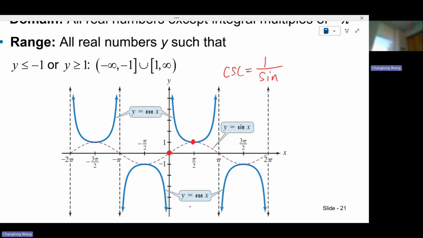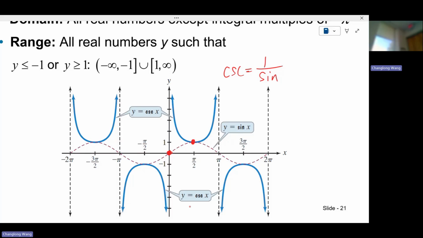But again, that's too much reasoning. You could do that every time in a test, but it would take a lot of time. So I think I've told you one day, to graph the cosecant, it's as simple as grabbing the sine, going to every peak and trough, and flipping it. You see there's kind of a U shape, not quite a U shape, but at least something that opens down.